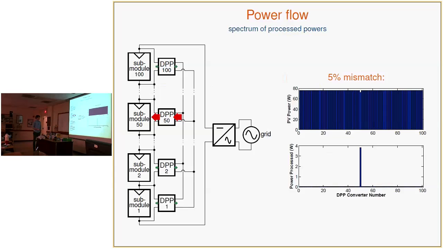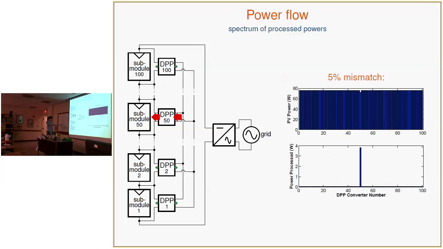So for the case when the submodule's maximum power is about 75 watts, this sort of shows the distribution of the power processed. The lower plot shows the distribution of the power processed for all of these converters.